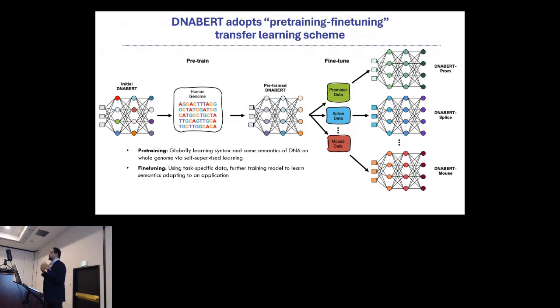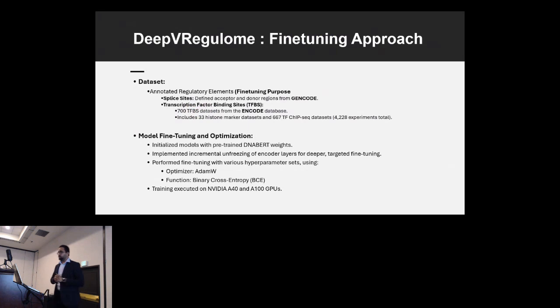Pre-training is where it understands the context of the biological language, and fine-tuning is for very precise things. A language model captures both local context and global context. Global context comes from pre-training, and local context comes from the fine-tuning strategy. That is a brief overview of DNABERT, and now we come to the fine-tuning stage.